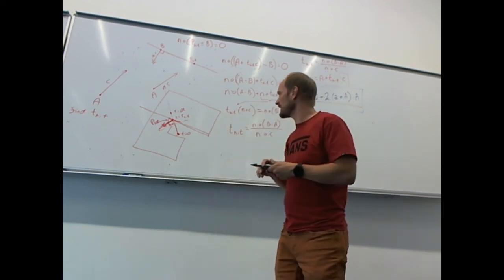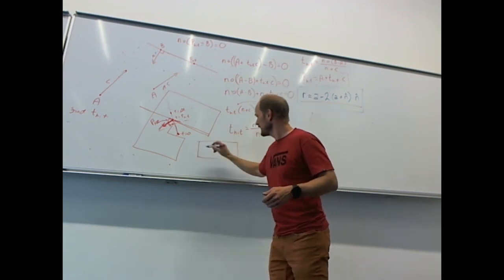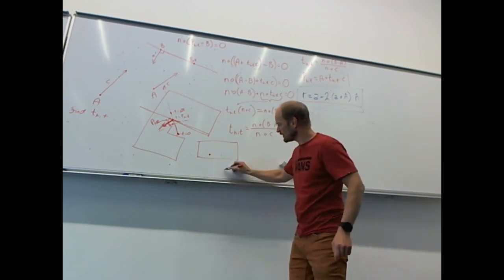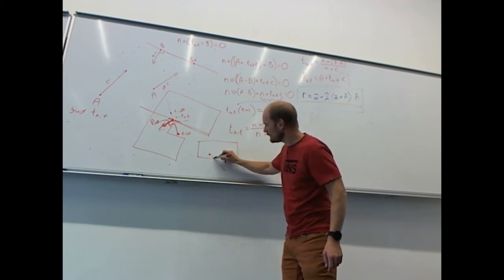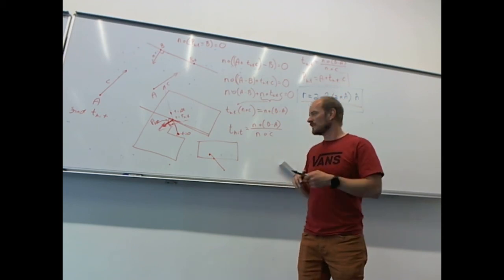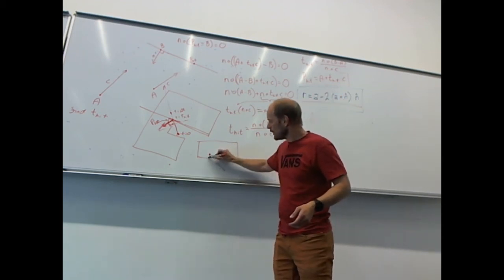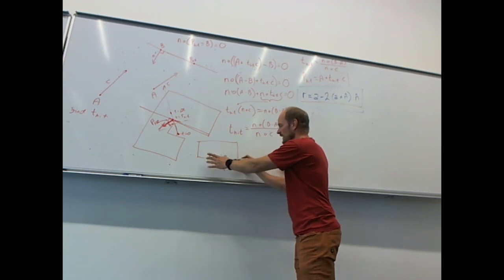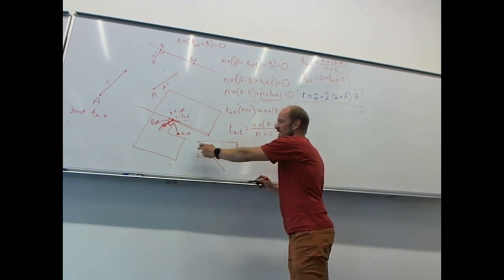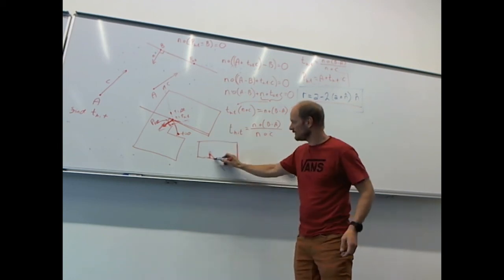If you do a static check, like I have this box, and I'm just going to check, am I inside it or am I not inside it? I'm not going to take the motion over time to check when it happens. I'm just going to say, have I entered this box? Then you have to take special cases. Do I believe I entered at this side or this side? If I'm going in this direction, I probably didn't hit this side or this side, but I might have hit this one.